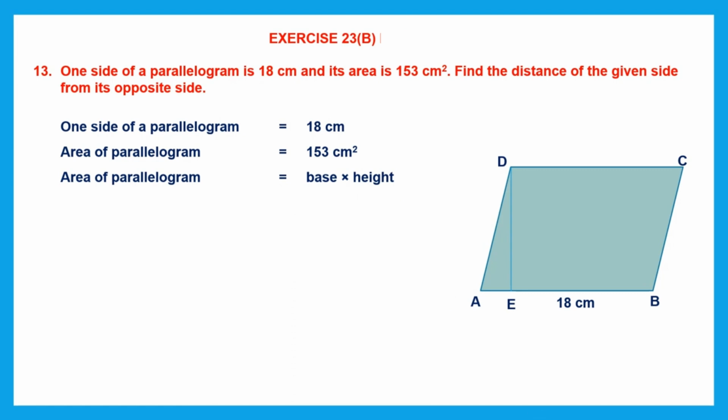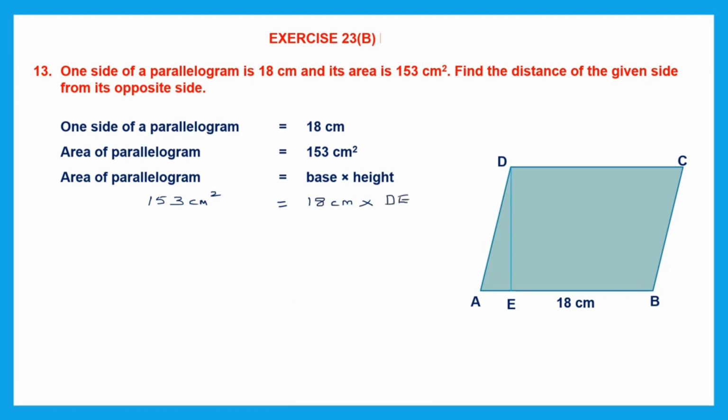Now let's substitute whatever we can here. So area of the parallelogram is already given to us. So that is 153 centimeter square. And that is equal to the base, and the base is 18 centimeters, into height, 18 centimeters into height, and height is DE, which we don't know.